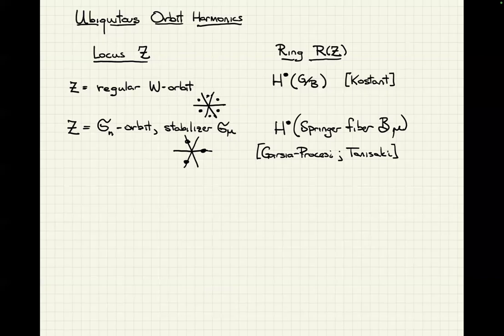So take an S_n orbit that has a certain interesting stabilizer, S_mu. So I have some points that live on some reflecting hyperplanes. It's a result of Springer, Tanisaki, and Garcia-Procesi, kind of combining their work, that the associated orbit harmonics quotient is the cohomology ring of the type A Springer fiber attached to mu.